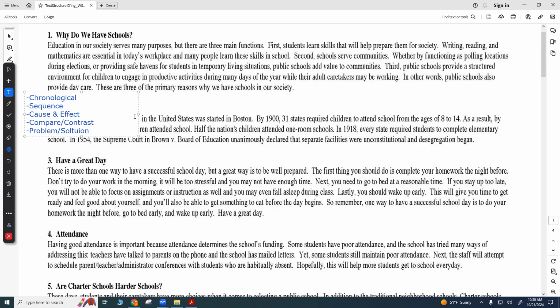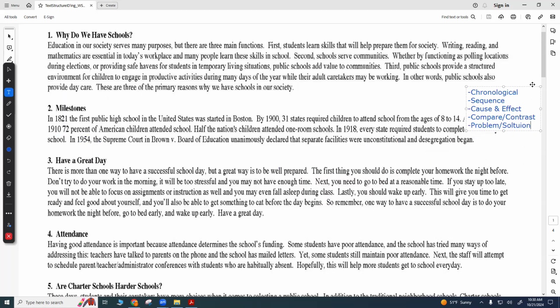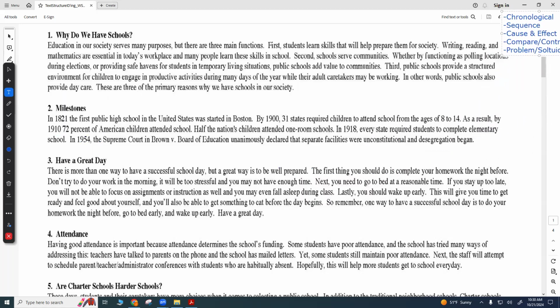Okay, so these are the 5 text structures that are represented by these 5 paragraphs.